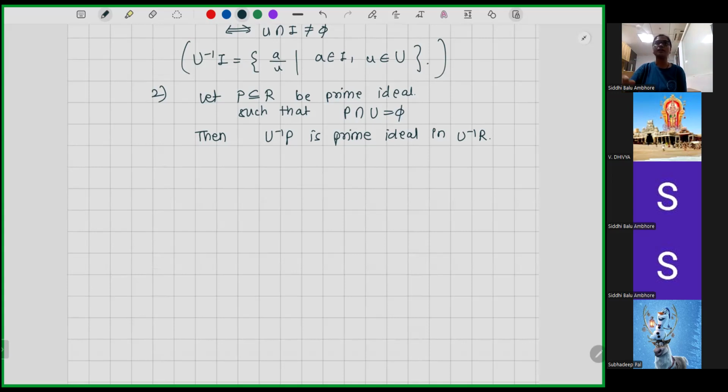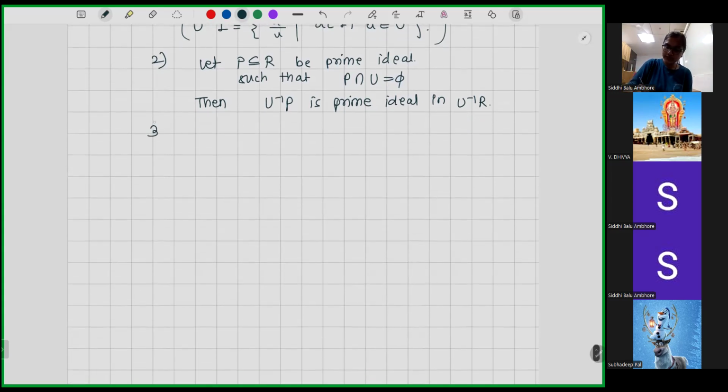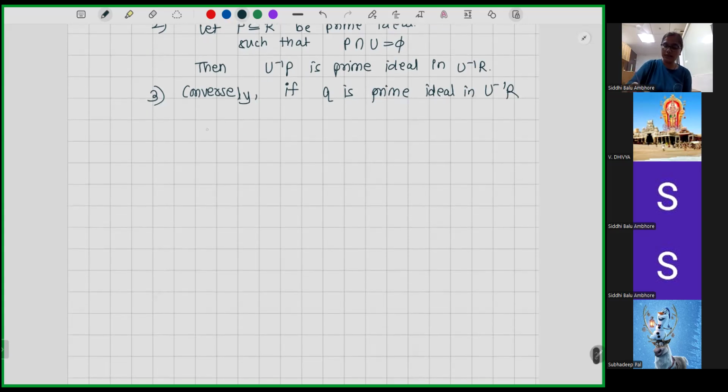Okay, and third is kind of the converse of the second part, that conversely, if Q is a prime ideal in U inverse R. Now we are in this localized ring, and we are saying that it is prime in that ring.